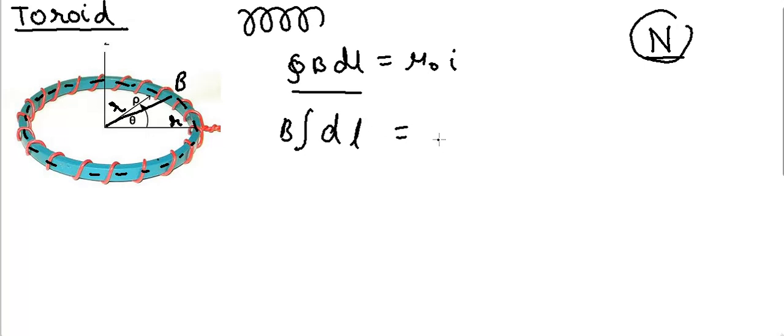If N is the total number of turns, then the total current flowing through this loop is the total number of turns multiplied by the current through each turn.